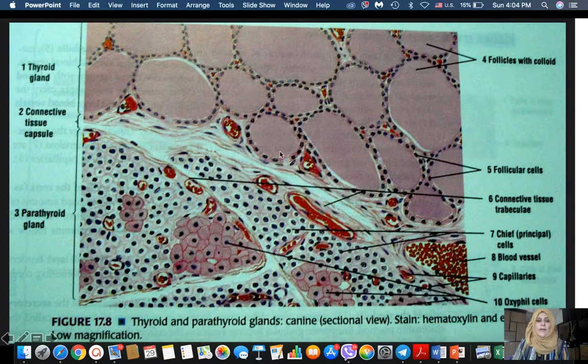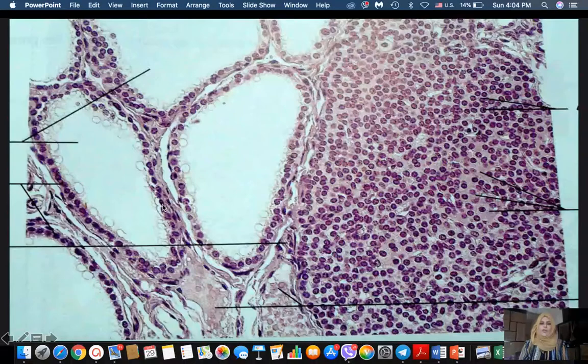This is also the diagram which will show to you the both organs. يعني أبو الفوليكلز الثايرويد ترى يعني لازم من أول لوك لازم نقدر نميزه. الكولويد موجود arranged in follicles, and this is the parathyroid. وحلو باي دايجرام موضح لك إنه هذه هي الأوكسيفيل cells اللي هي تكون larger, darker in color, while this is the chief cells which are more in number, smaller in size, and it is responsible for the secretion of the hormone.